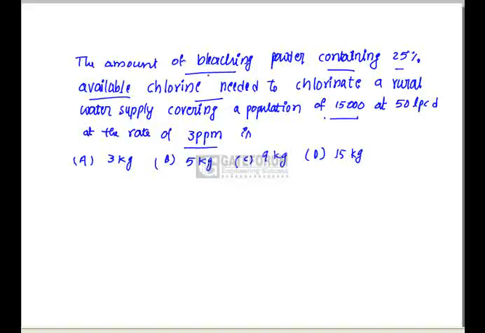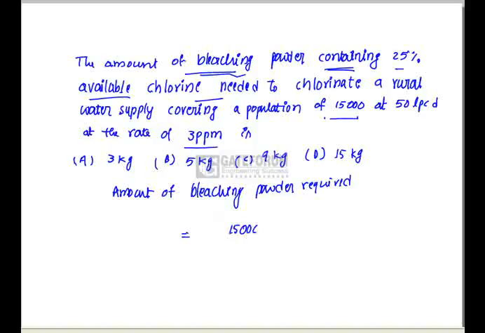So the amount of bleaching powder required is equal to 15,000 people into 50 liters per day into 3 ppm into 10 to the power minus 6. The available chlorine is 25%, so 100 by 25, that is equal to 9 kgs. So option C is correct.